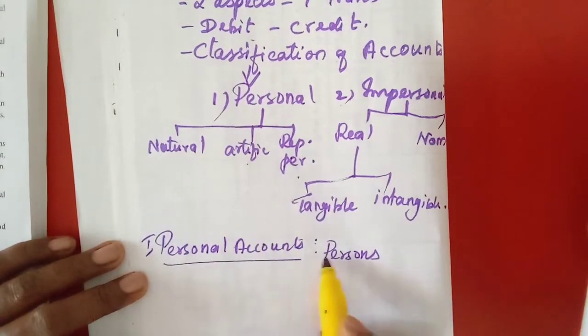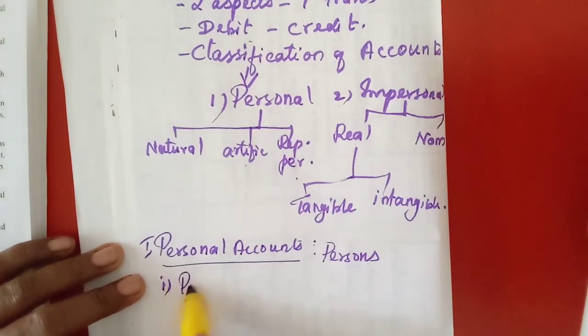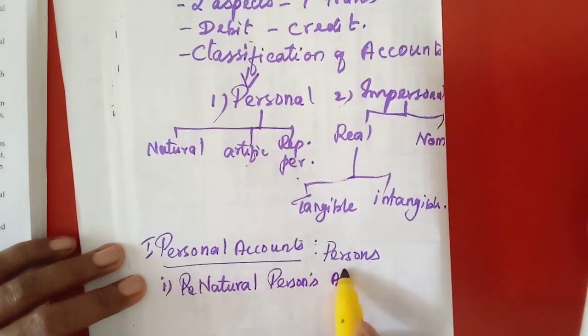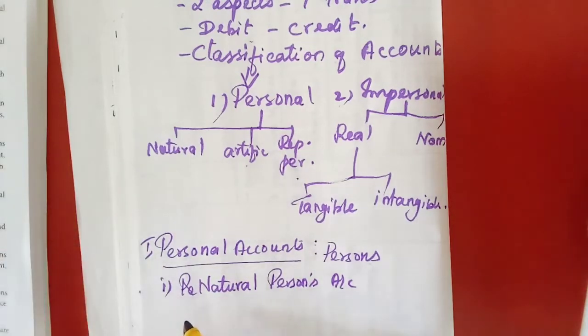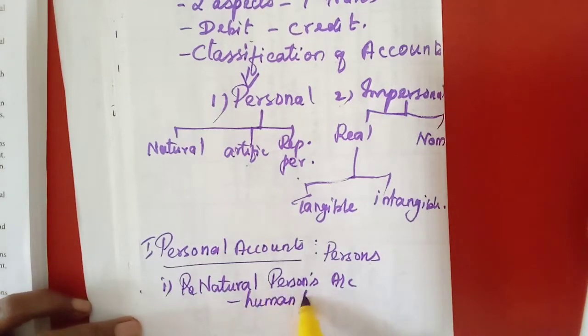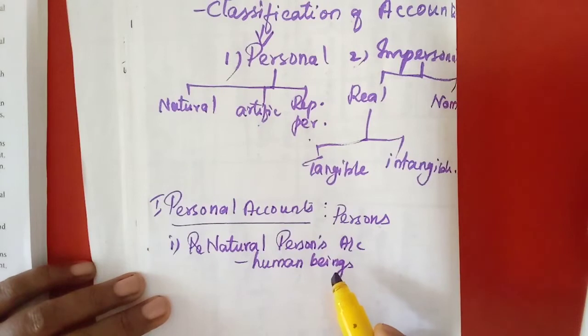So first one, natural person's account. Natural persons are the human beings. Human beings means all the men and women, isn't it?